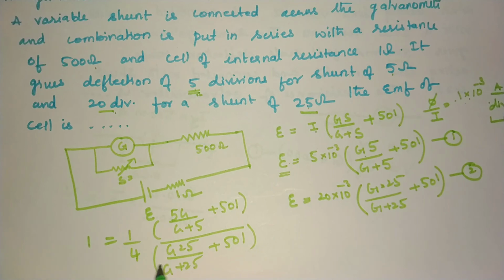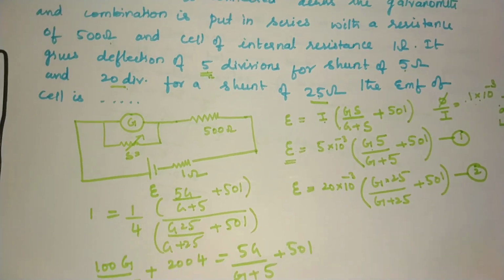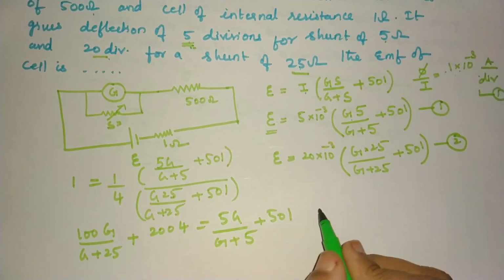Okay, solve it, cross multiply the relation. 25 into 4, 100 into G by G plus 25 plus 501 into 4, 2004 should be 5G by G plus 5 plus 501. Okay, so solve this relation.